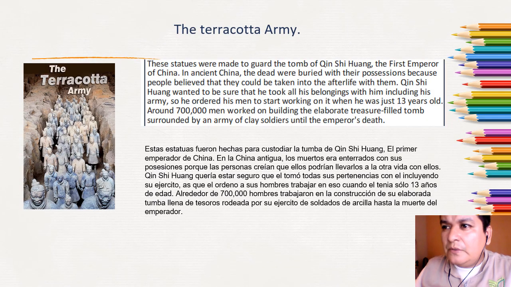These statues were made to guard the tomb of Qin Shi Huang, the first emperor of China. In ancient China, the dead were buried with their possessions because people believed that they could be taken into the afterlife with them.